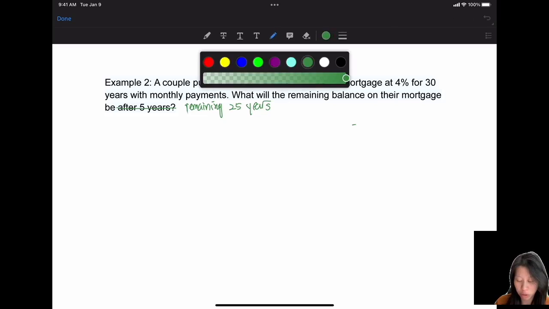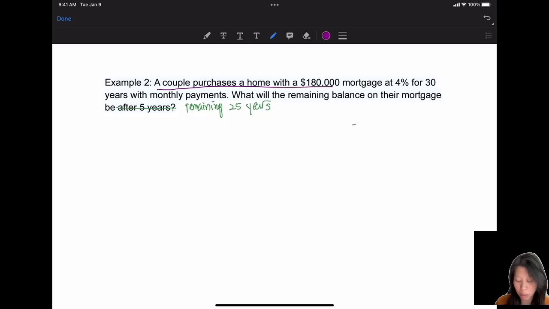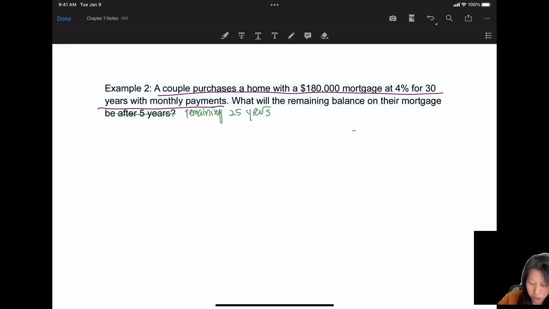Well, first of all, you know that the couple is getting this loan. So we have a loan. Your monthly payment, which we don't know, is D. We need to find D first.